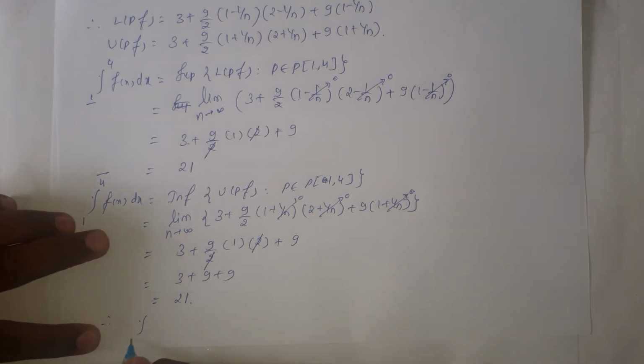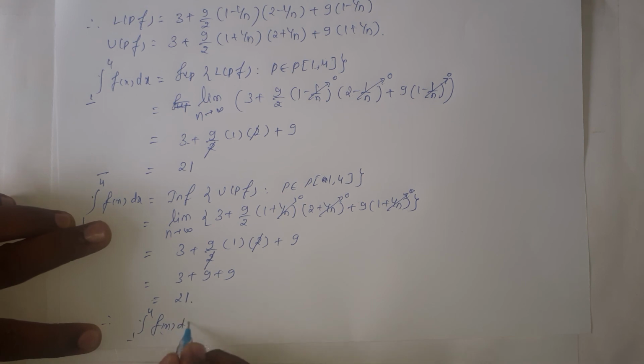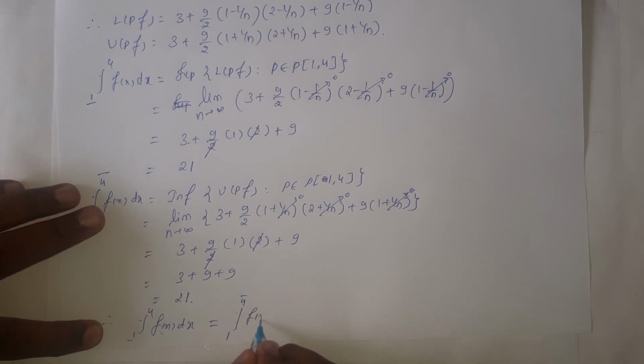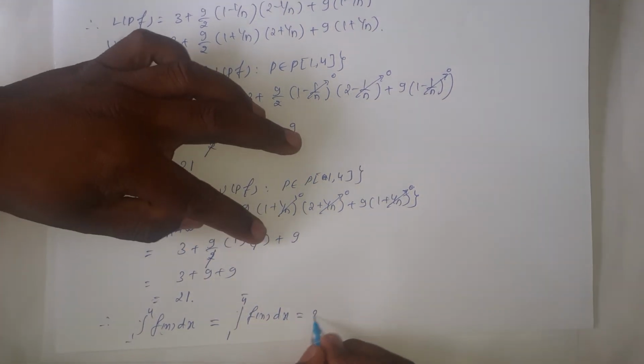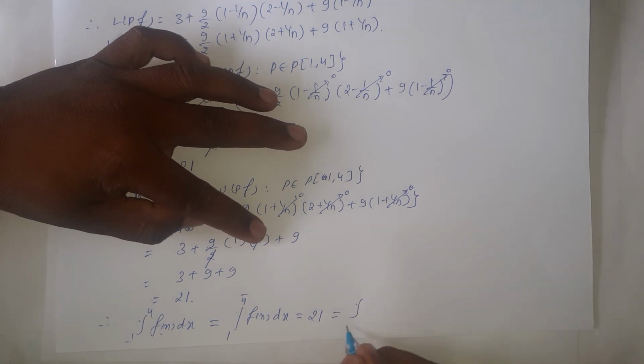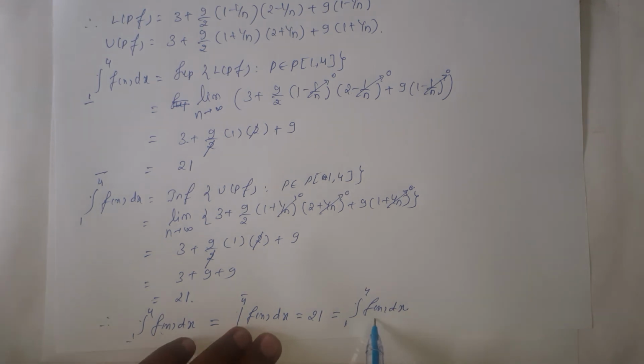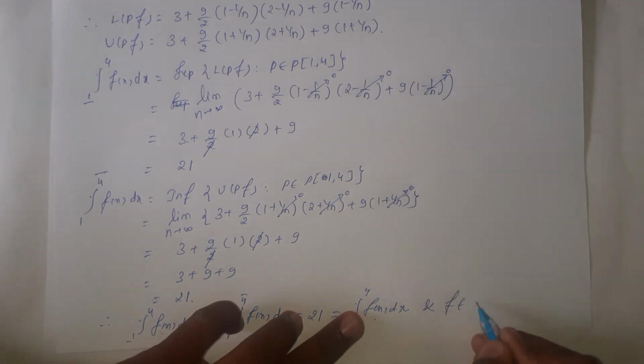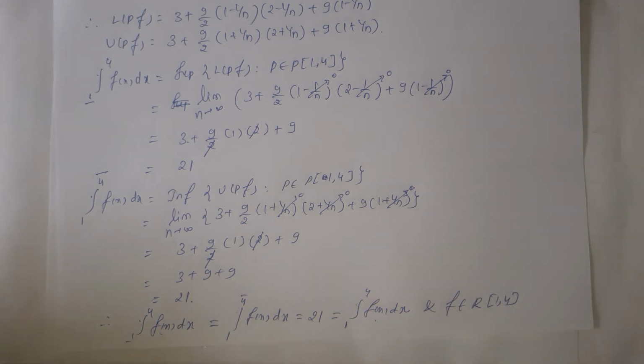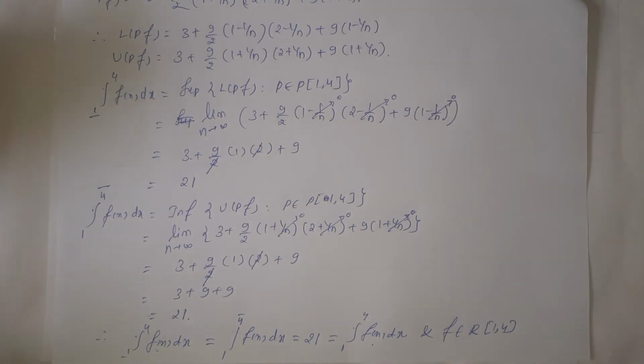So therefore, lower integral 1 to 4 f of x dx is equal to upper integral 1 to 4 f of x dx is equal to 21, and this 21 is nothing but integration over 1 to 4 f of x dx, means the common value of the Riemann integral, that is equal to integration over 1 to 4 f of x dx, and f belongs to R of 1 to 4, means f is Riemann integrable over the interval 1 to 4 and its common value is equal to 21. So therefore, this is our required proof of the given example.